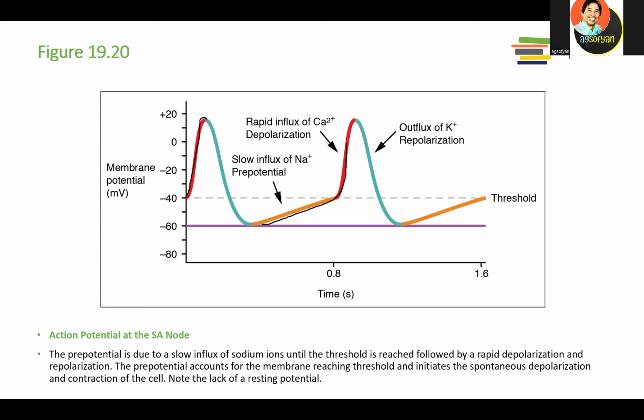It will show us the increase of calcium. Okay. After that, the potassium channel opens, it's called the repolarization. It will decrease, okay? It will relax the muscle. And during that time, the potassium level will be increasing.